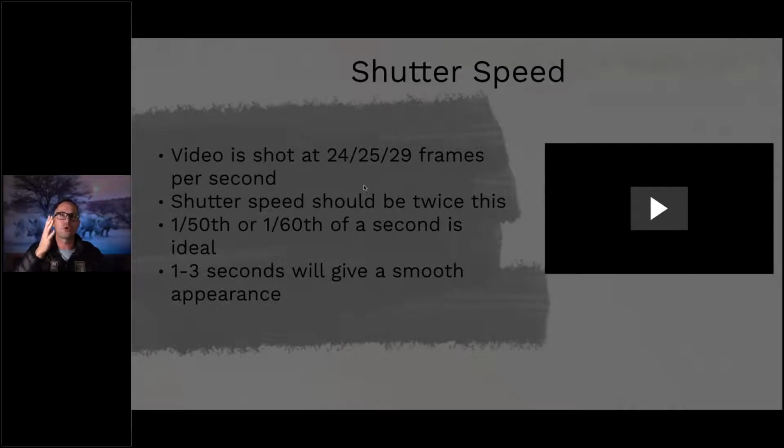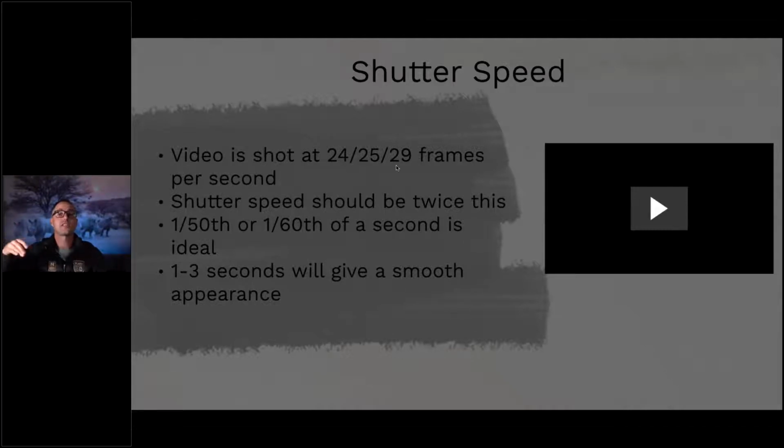Otherwise, the photos or the video feels very sharp and tacky and almost fake. So we have to find that balance. So if we're shooting at 24, 25 frames a second, we effectively want a shutter speed that is twice that number. So we want a 50th or a 60th of a second to be ideal for these frame rates.